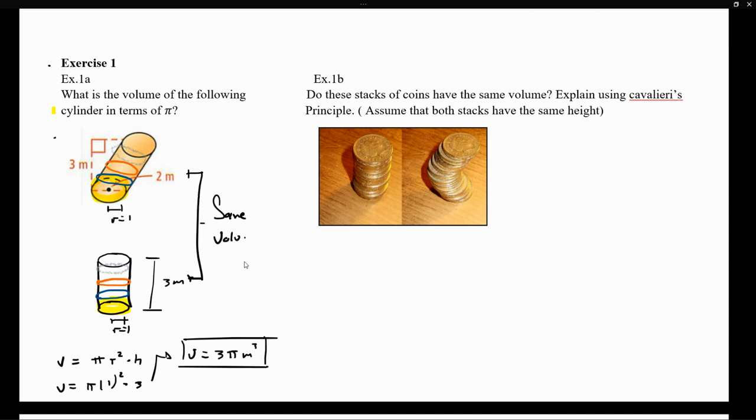And we know that we have the same volume due to Cavalieri's principle. The same can be said about the example on the right-hand side. Do the stacks of coins have the same volume? It's almost the same idea.